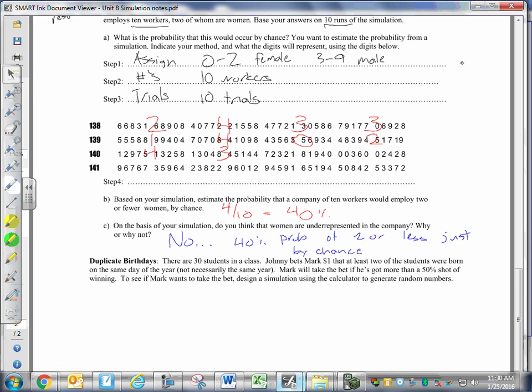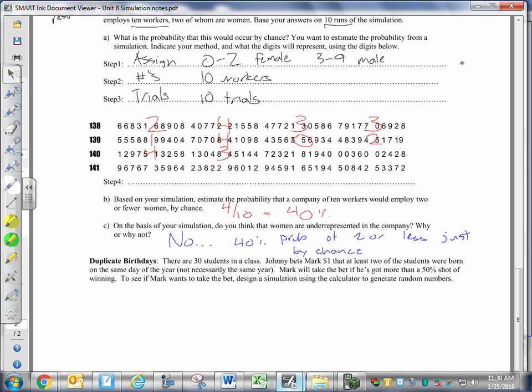Okay, last question. This is the question always asked with tough theoretical probability questions that we can always try to explain using experimental probability. The case of the duplicate birthdays, okay?